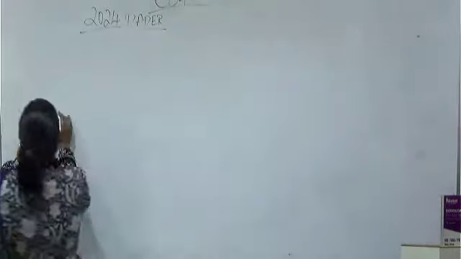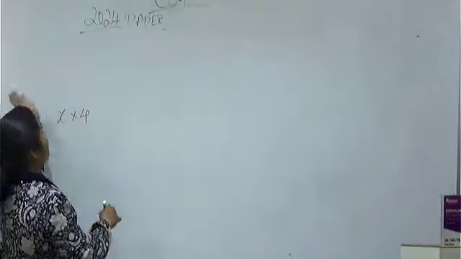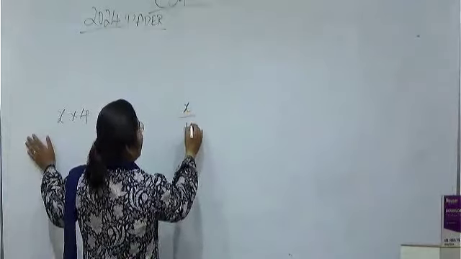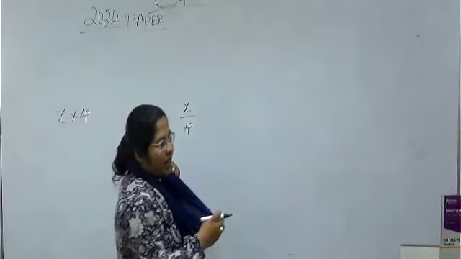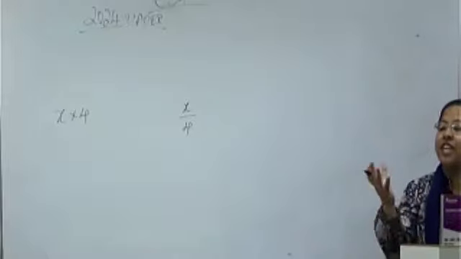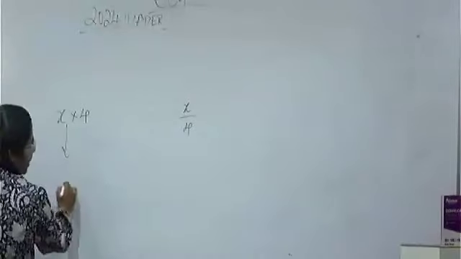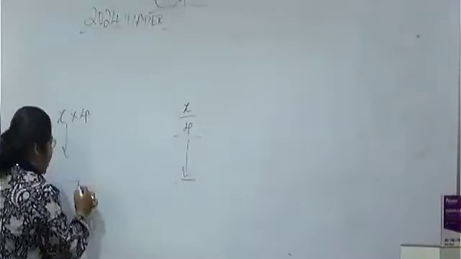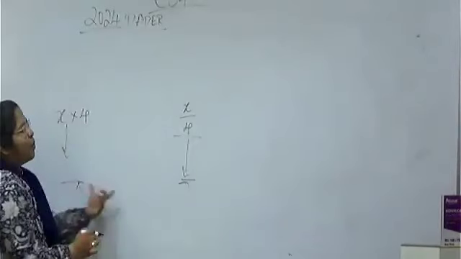You were supposed to multiply x into 4, but by mistake you did x by 4. Now they are saying, what is the percentage change with this result and that result? When you do this you will get some result, and when you do that you will also get some result. What is the percentage difference between both?